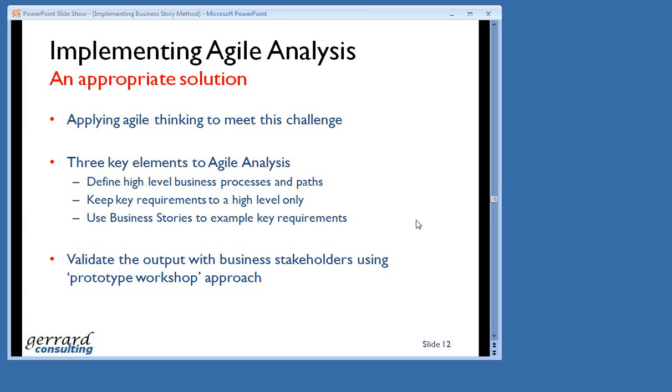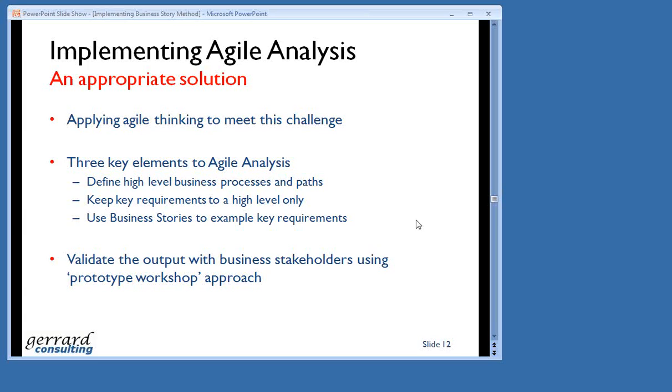A high-level view of a business process, a high-level view of key requirements, and by key requirements, I mean, there's always sort of 20% of requirements that give you 80% of the value, but it's really business value we're focused on here. So take the requirements that deliver the best business value and define them at a high level, and then use the stories to actually example those requirements in use.